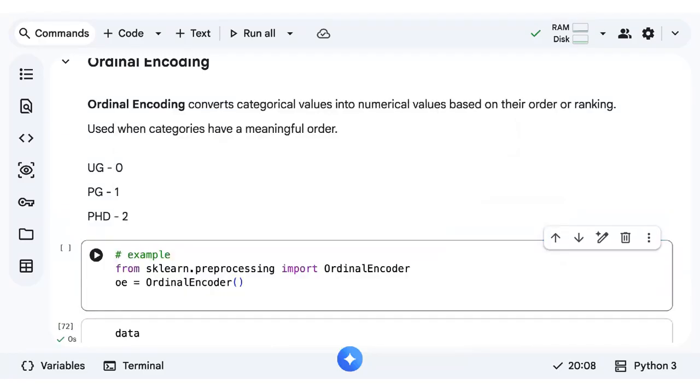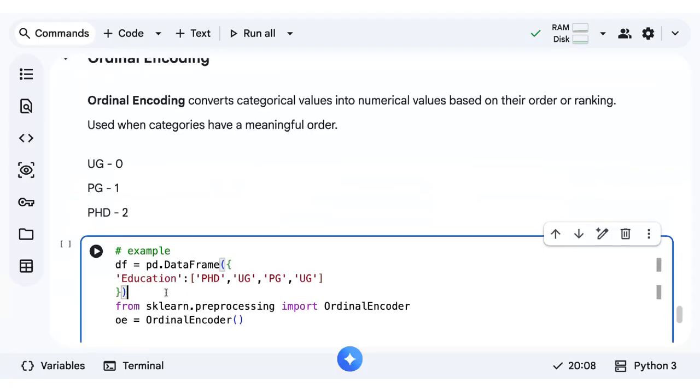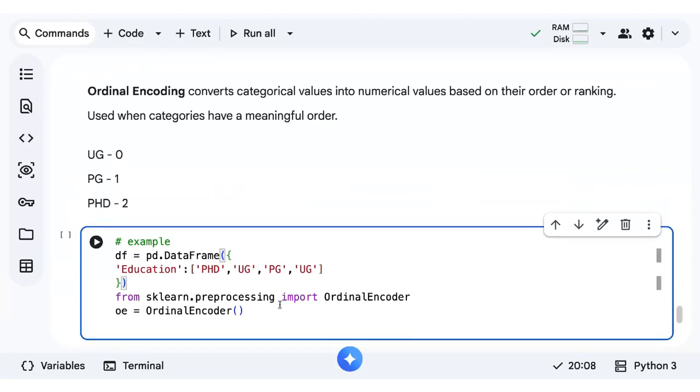Okay, and let's take a simple data frame. I have pasted it in the chat. Okay, this is our data frame, and we are importing this.